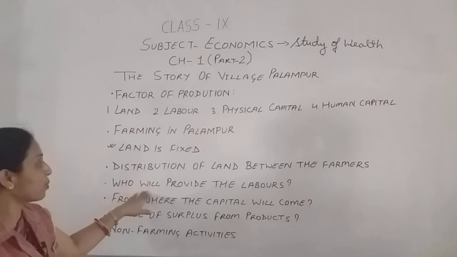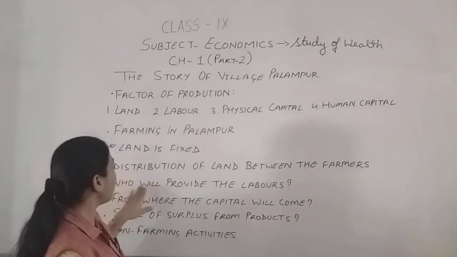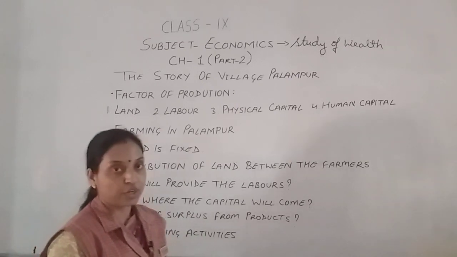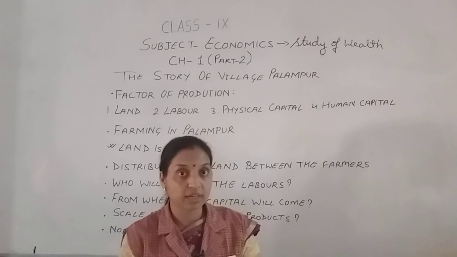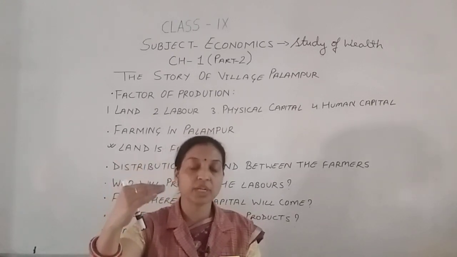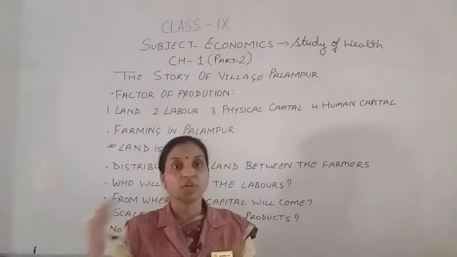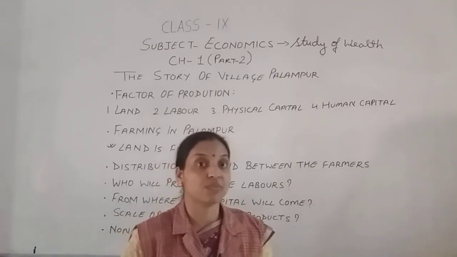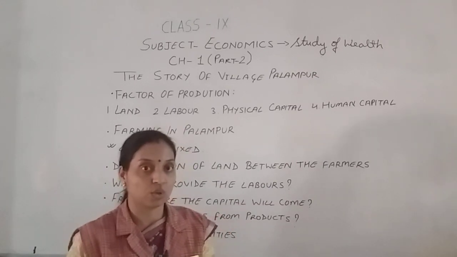Next one is who will provide the labor. Here the next question is this only, who will provide the labor. I already told you the 4 categories of farmers according to the quantity of land. First is the rich farmer, second the medium farmer, then the small farmer, and afterward the landless farmer. That landless group works as laborers.